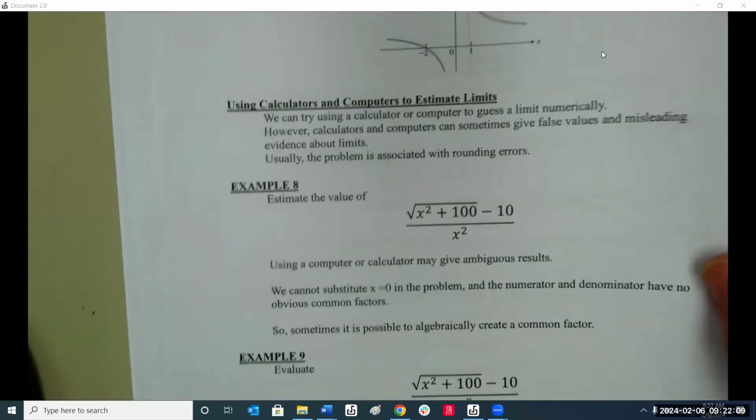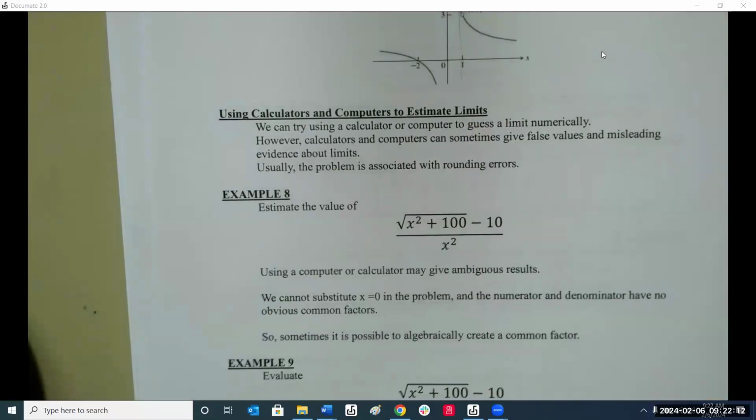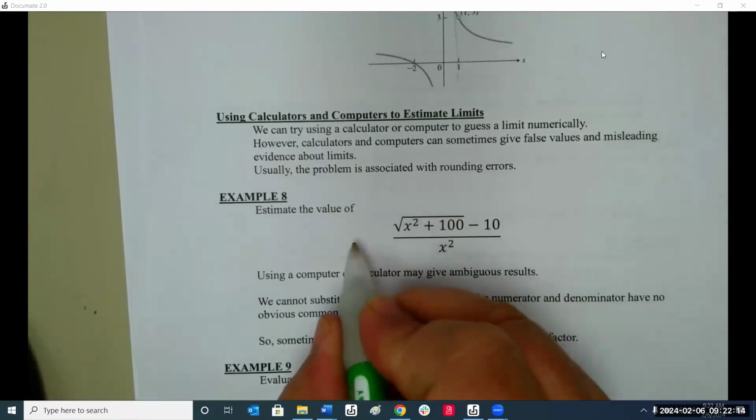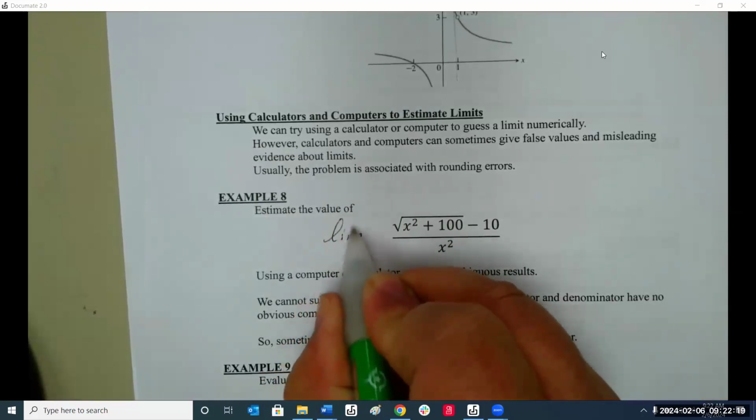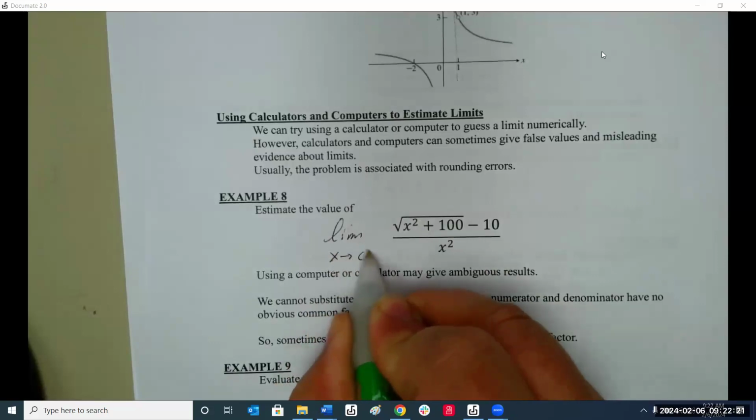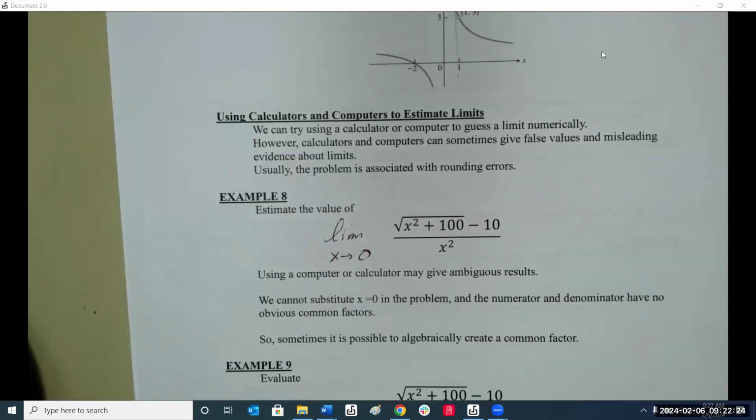Okay, the next section here says using calculators and computers to estimate limits. So for this one, the only value we don't want is where x goes to zero. In other words, if you use a calculator or computer, you would do a whole bunch of numbers and see what happens.